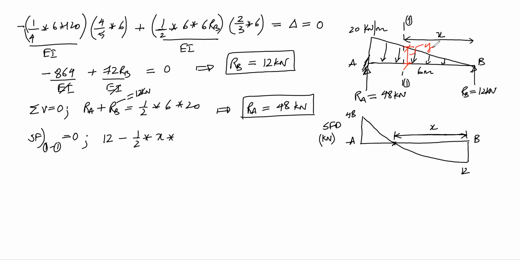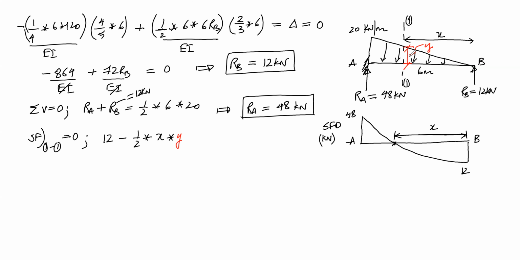So here this will be half into base into height, that is y. Now the question is, how do we calculate this y? That is calculated by using similar triangles. So I have a big triangle here with base 6 meters and height 20, and I have a small triangle here with base as x and height as y.